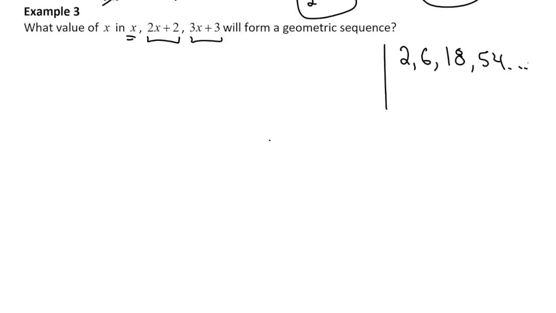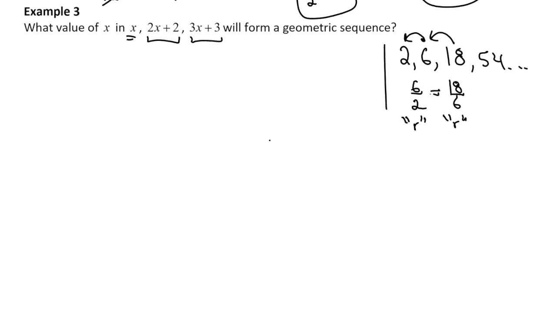We can always find the common ratio by taking a term and dividing it by its preceding term. 6 divided by 2 gave us a common ratio of 3. And that would be the exact same common ratio that you would get if you had taken 18 and divided it by 6. So they would be equivalent statements to each other. You could have done that with 54 divided by 18 as well.